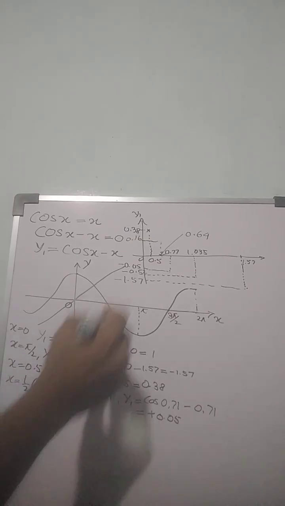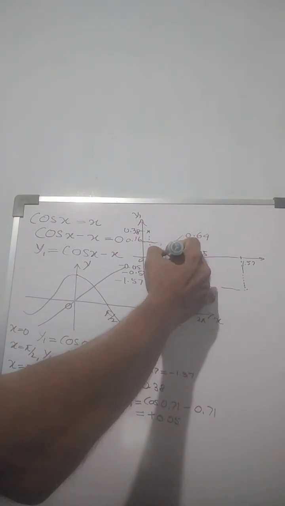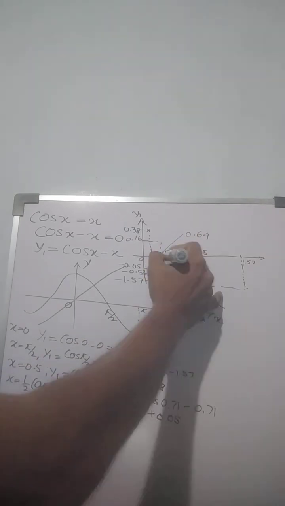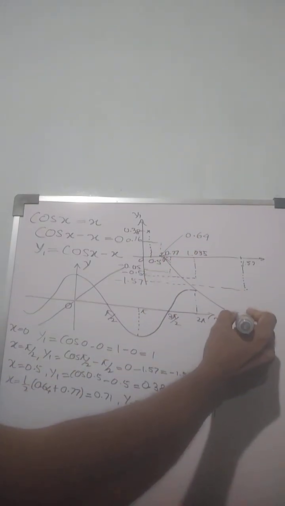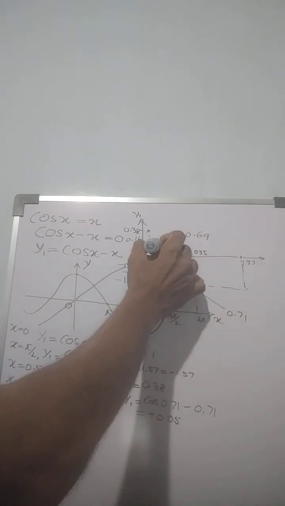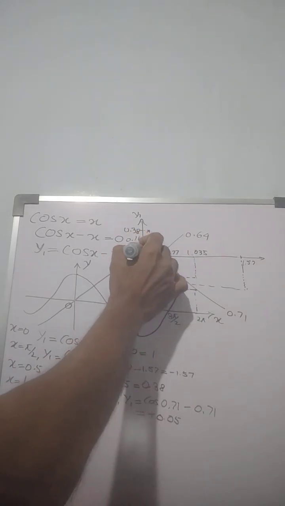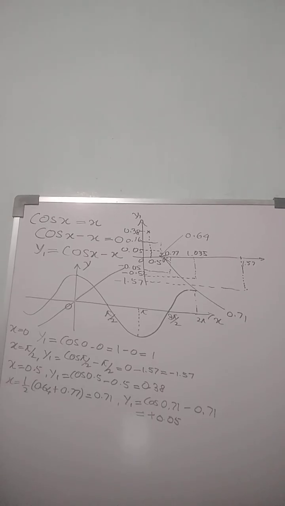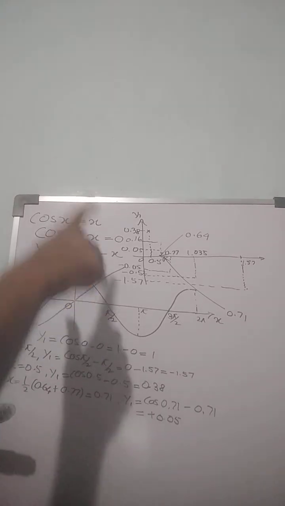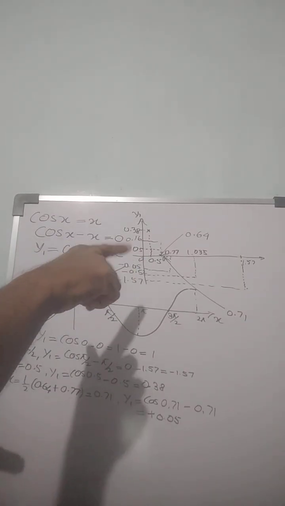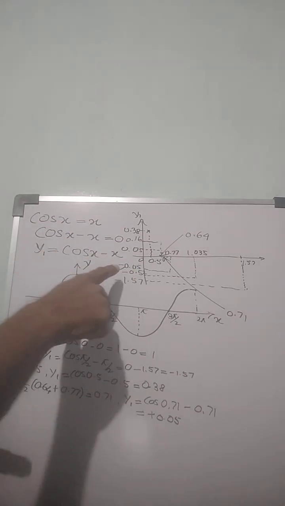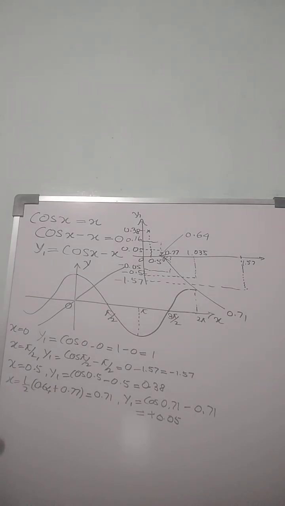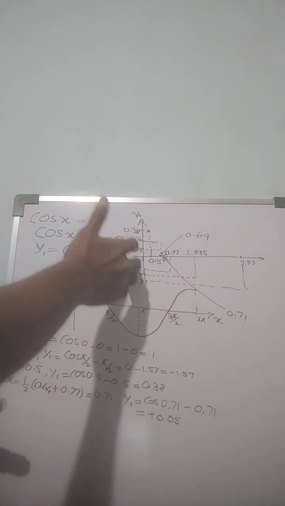Now when x equals 0.71, the y1 value is 0.05. When x is 0.77, the y value is minus 0.05. If you add this plus and minus and divide by 2, it becomes 0.